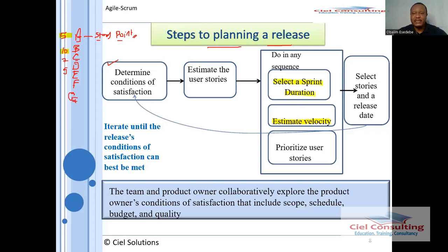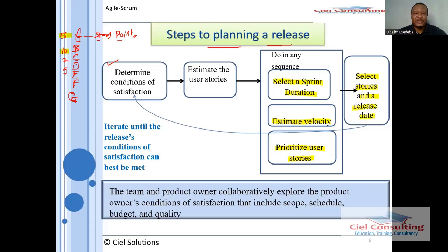So you estimate the duration of the sprint. So you can choose a 2-week sprint, a 3-week sprint, or even a 4-week sprint. And then you now prioritize user stories. So user story prioritization is majorly done by the product owner, who of course determines the value of these user stories and how best they will be able to add value within the project itself. So once you've been able to do that, you now select user stories and then also a release date.